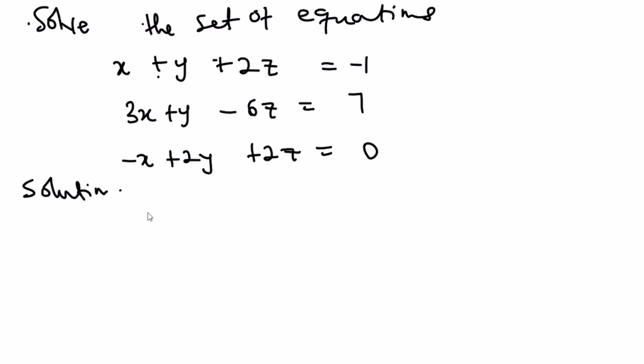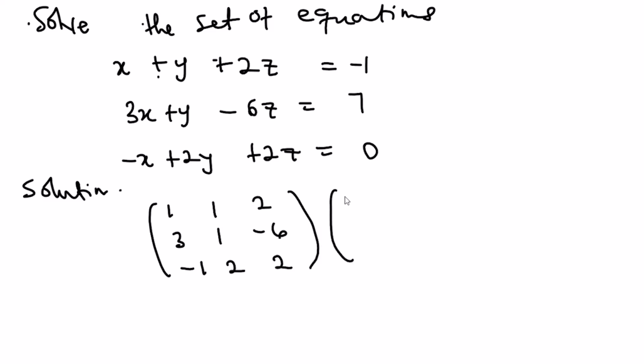So the first part, so what do we get? We get 1, 1, 2, 3, 1, negative 6, negative 1, 2, 2. Yes. Then we have our variables x, y, and what? Z. And it should be equal to what? Negative 1, 7, 0.